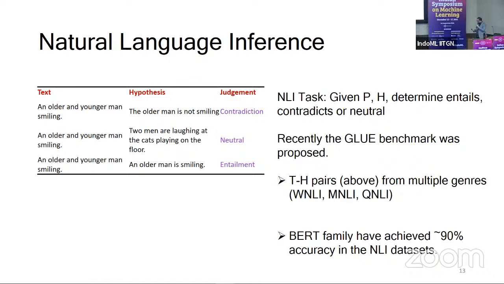So we had proposed, the community has proposed the GLUE benchmark and SuperGLUE benchmark, which had many different types of premise hypothesis pairs, basically different types of NLI tasks, right? And we have seen that from early 2018-19, there are these models, this BART family and its successors, have been already achieving almost 90% or above accuracy, right?